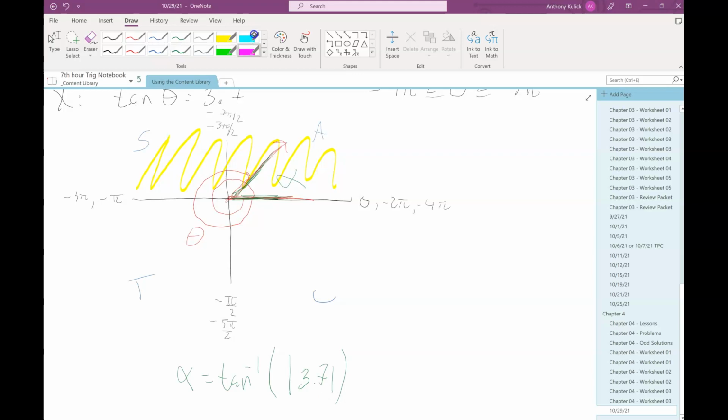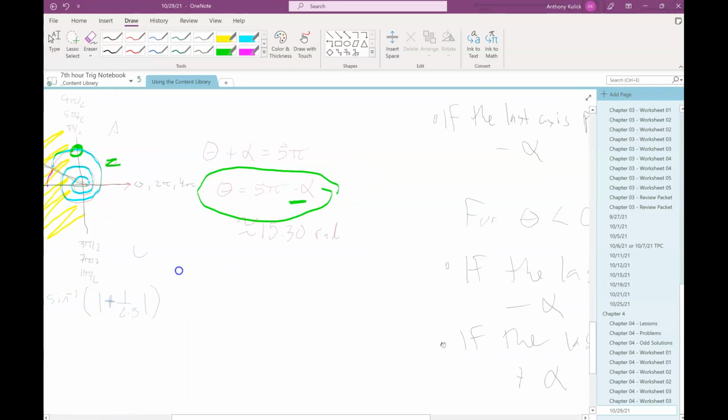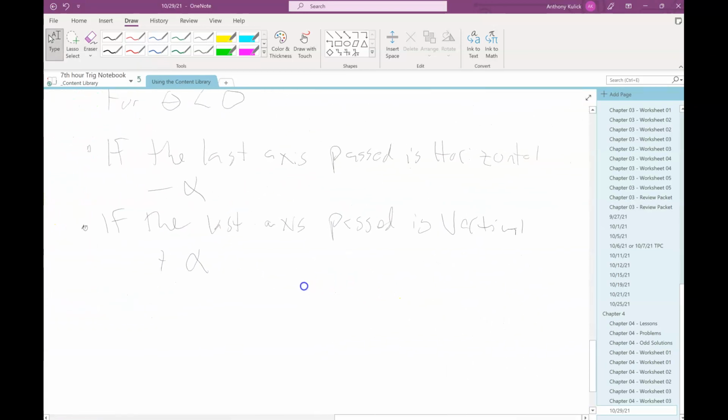Now, what is the last axis that theta passes through? Is it vertical or horizontal? It's right there, right? So that's vertical. That's why the picture is helpful. Since theta is negative, and the last axis we passed through was vertical, we should be adding alpha according to the criteria we just listed.